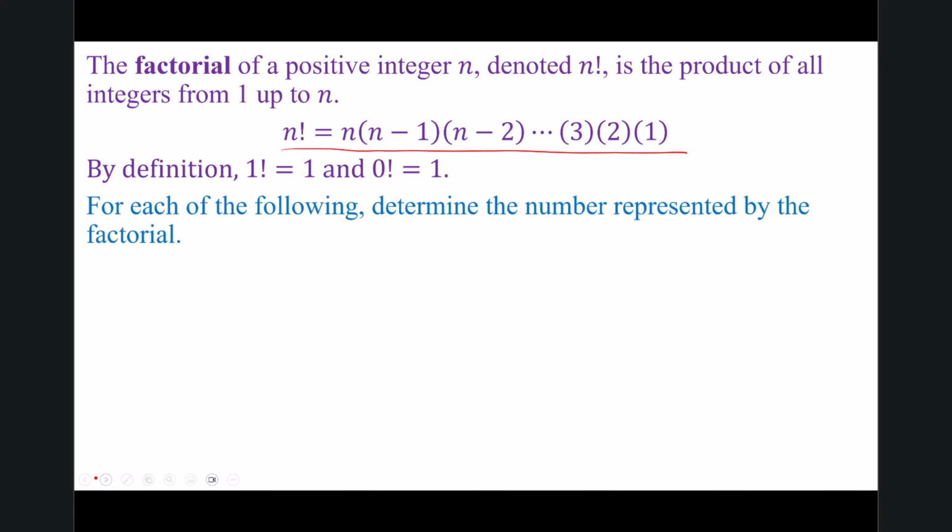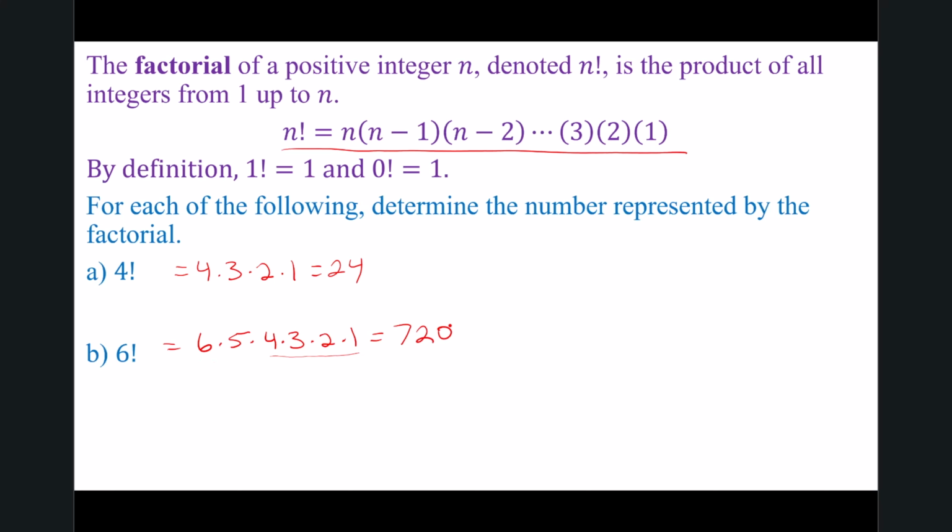So let's determine the number represented by the factorials. 4 factorial would be 4 times 3 times 2 times 1, which is 24. If I want 6 factorial, that would be 6 times 5 times 4 times 3 times 2 times 1. Now notice we already did 4 times 3 times 2 times 1, that's 24. So now I just need to multiply 24 by 5 and by 6, and I would get 720.